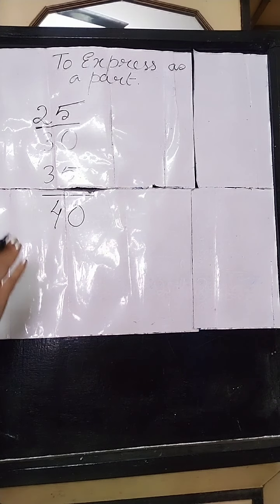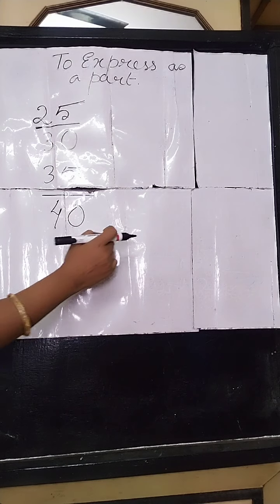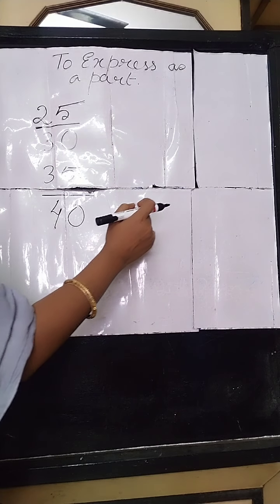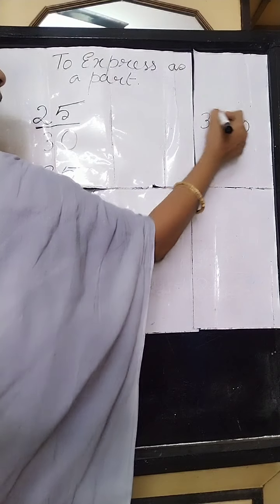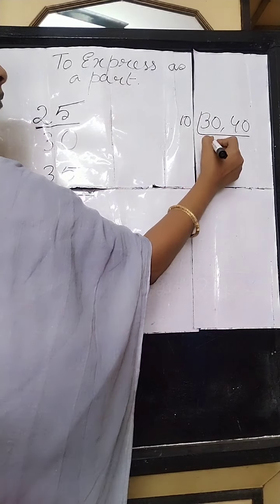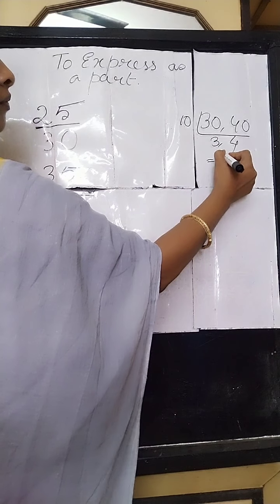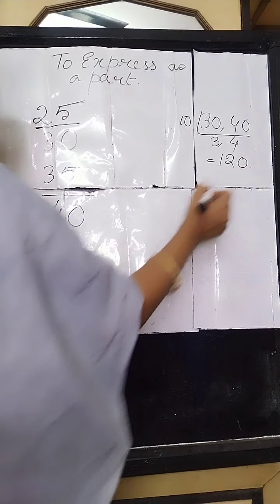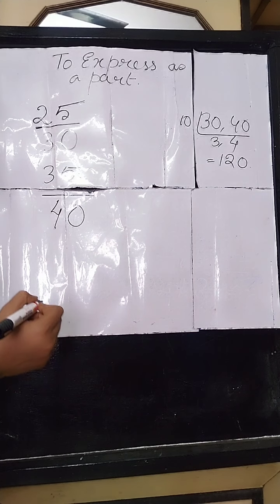In order to equalize the denominator, we need to do the LCM of the denominators. That is, we will do the LCM of 30 and 40 separately. The LCM of 30 and 40 becomes 120.